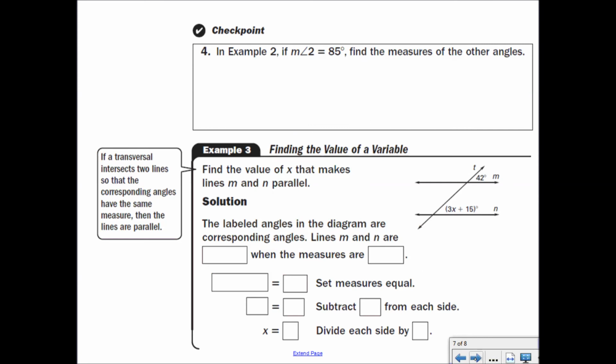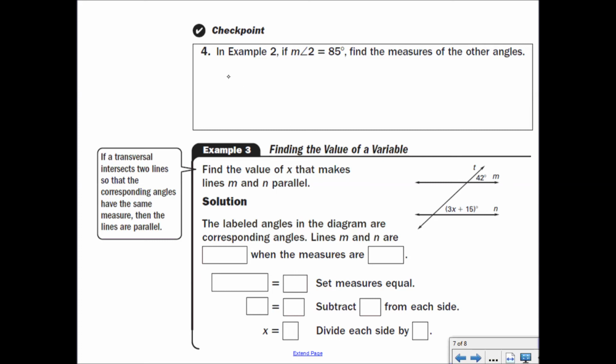A checkpoint. At this point, take a moment, pause your video, answer this question, and then when you're ready, come back and check your answer. In example 2, if the measure of angle 2 is equal to 85 degrees, find the measure of the other angles.